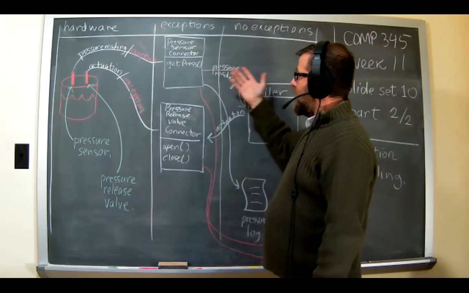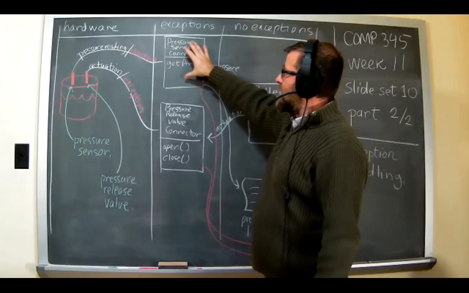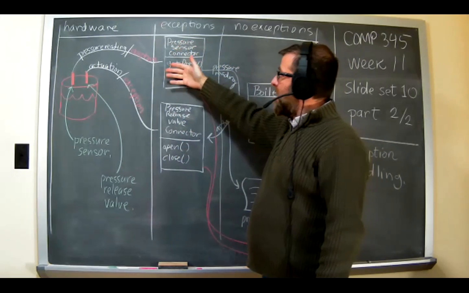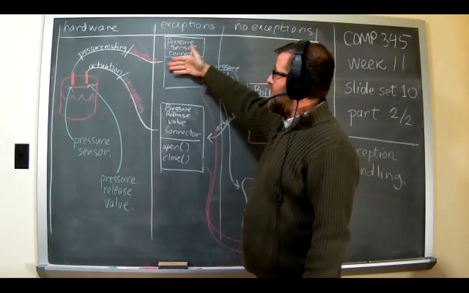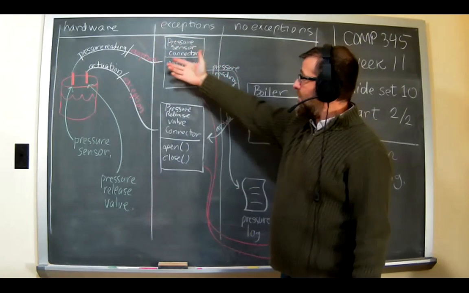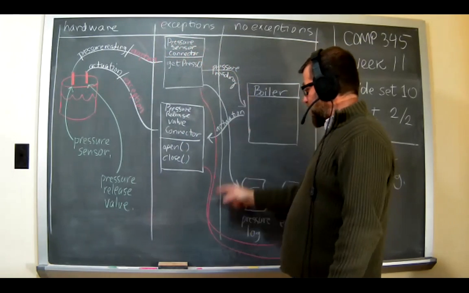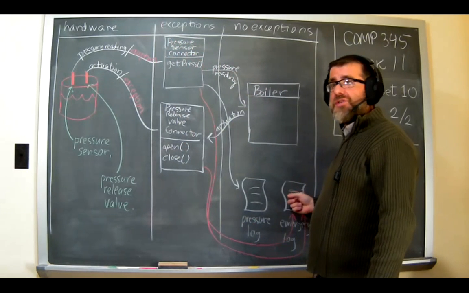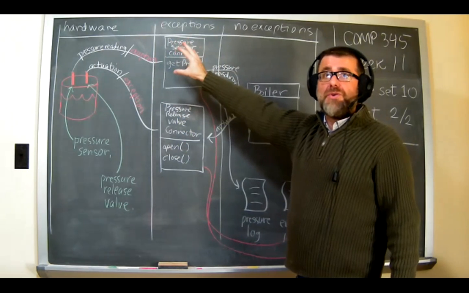Now, what's going to happen also is that I'm going to design these exception handler classes so that as they receive an exception, the fact of receiving the exception is going to make them write a record in an emergency log using the exception that was thrown.